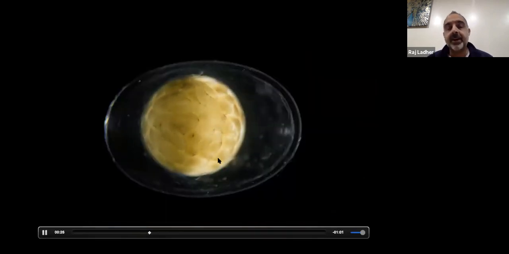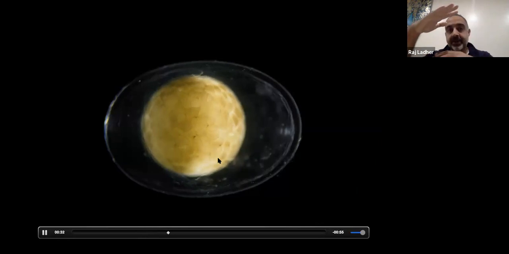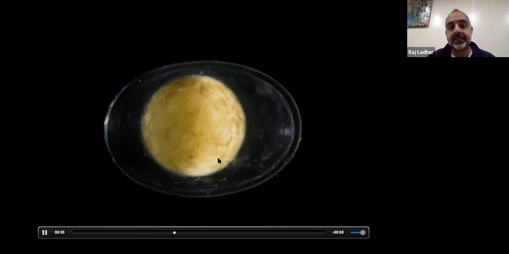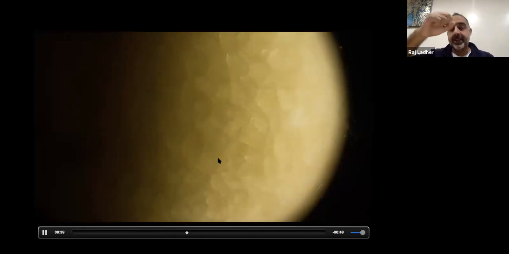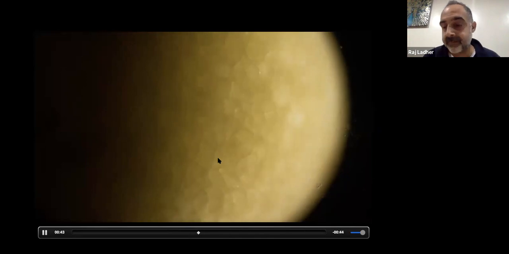You have a meridional cleavage, which cleaves the embryo basically in half along the animal-vegetal axis, and then equatorial, which cleaves the embryo into animal and vegetal halves, okay?